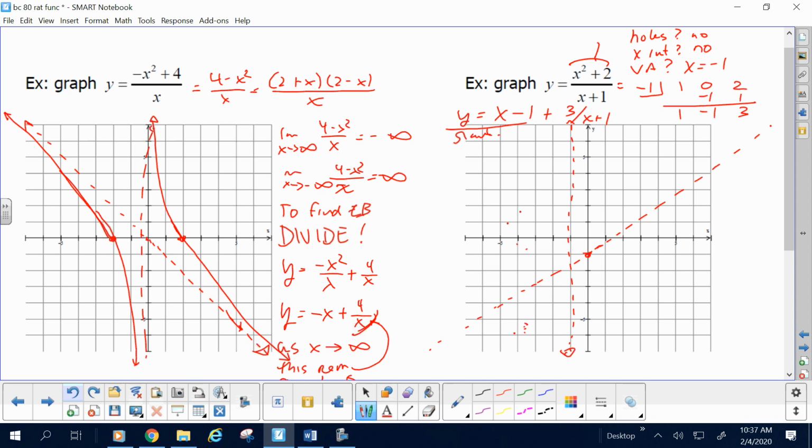Down here or up here? Down there. Also, the fact that I have no x-intercept tells me I have to be down there. All right, what about above x equals -1? The top is positive, and now the bottom is positive, so the graph must be up in there. I like that. It does look kind of cool.